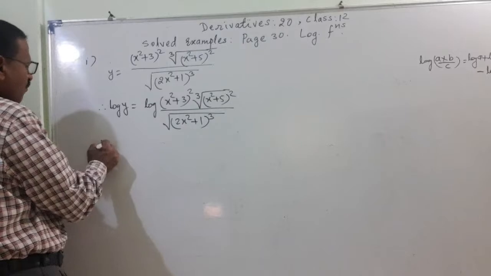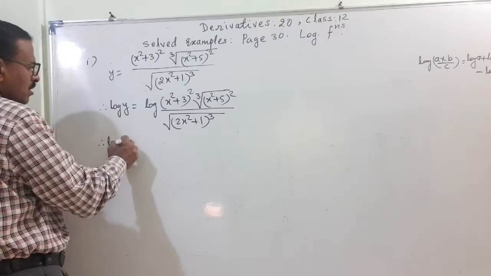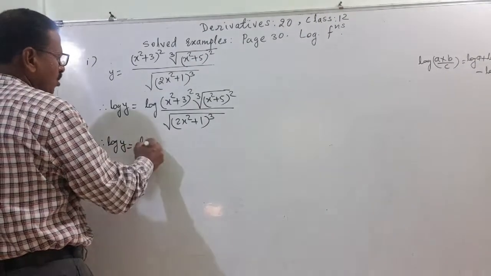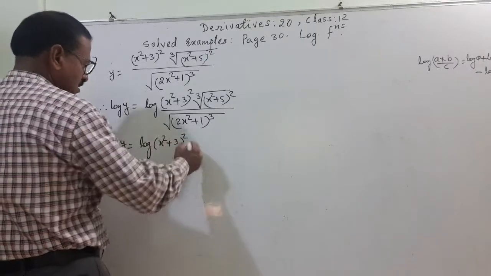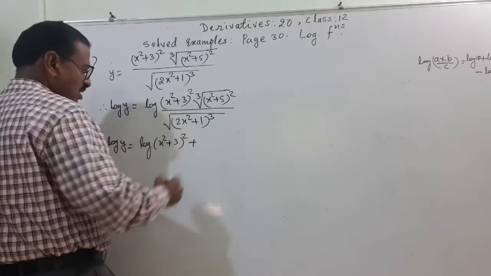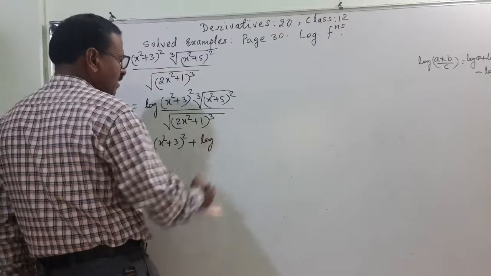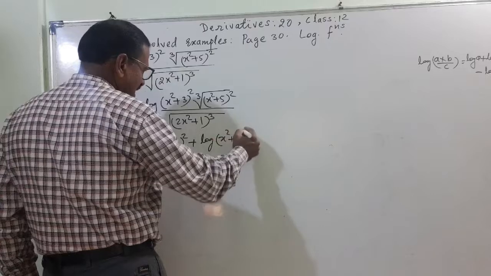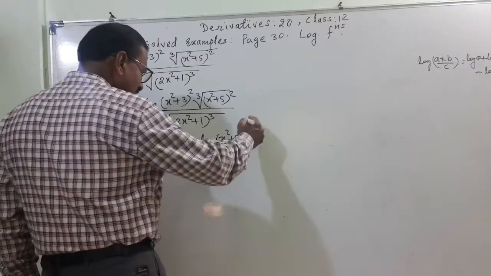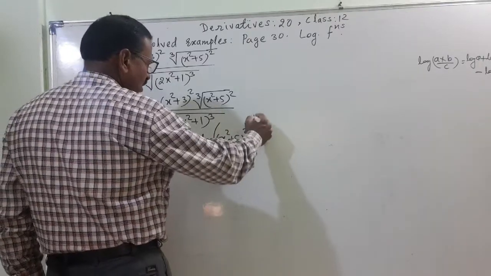Therefore, log of y is equal to log of (x square plus 3) bracket square. This is into, means plus. Log of, this is cube root, means (x square plus 5) its square and raised to 1 upon 3.